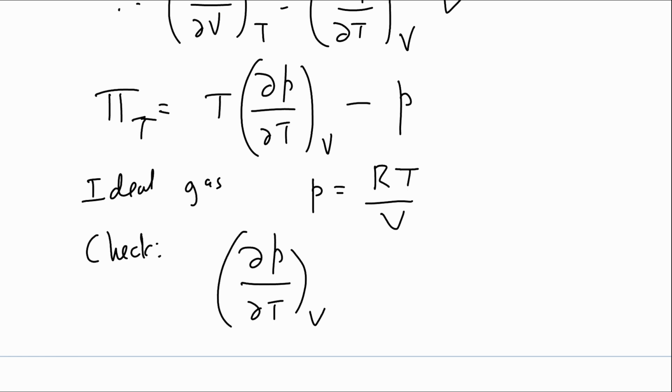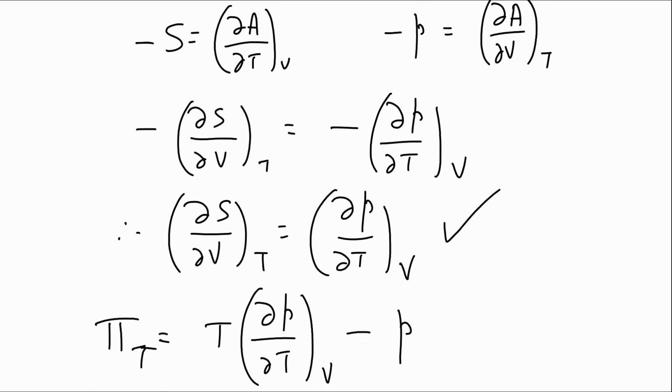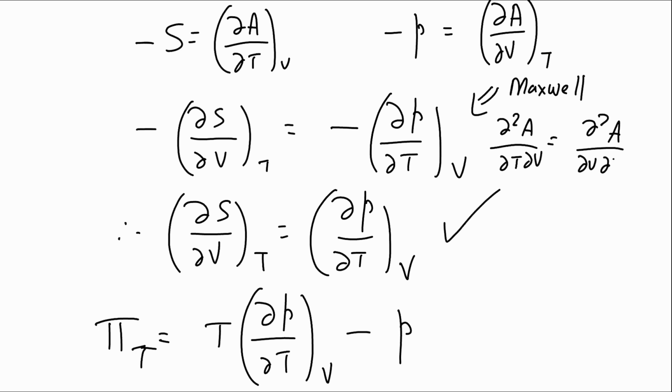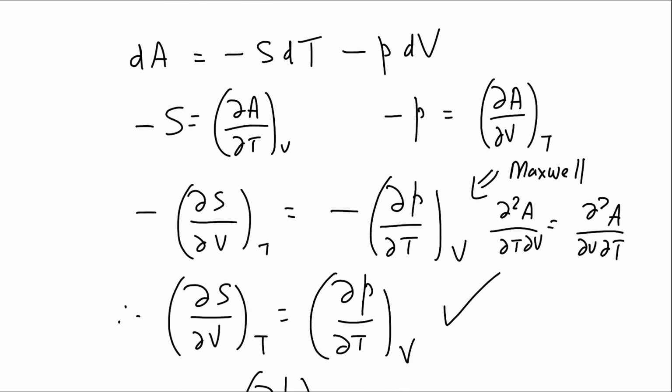It's too easy. Yes, question? This is thanks to this dude named Maxwell: partial squared A partial T partial V equals partial squared A partial V partial T. So what I do is I go back here and identify this.